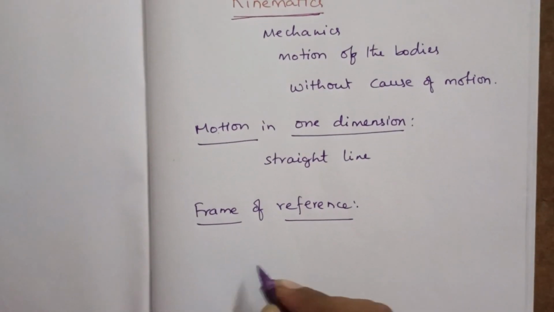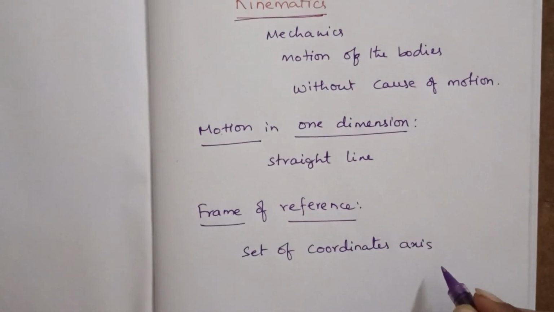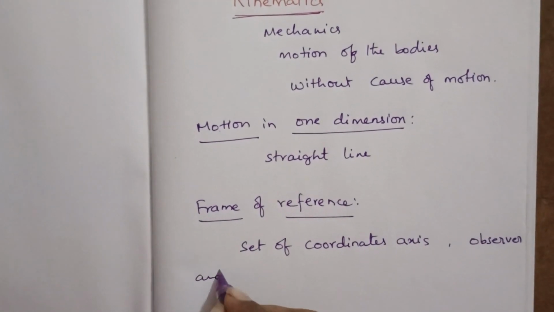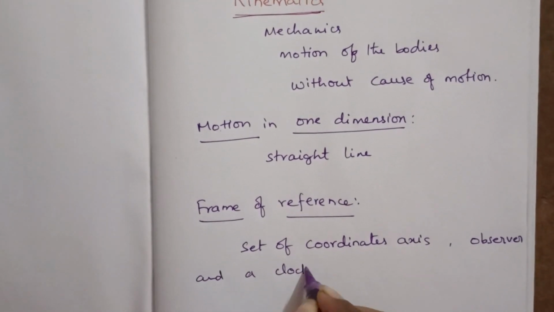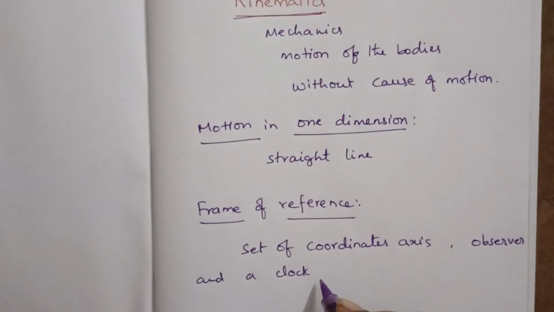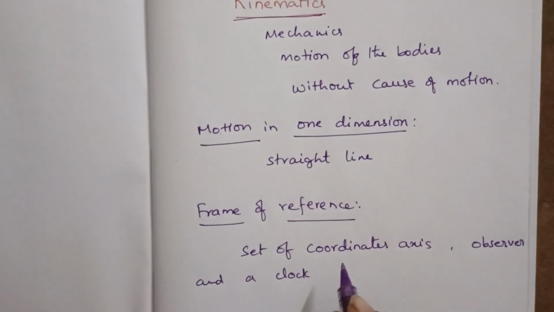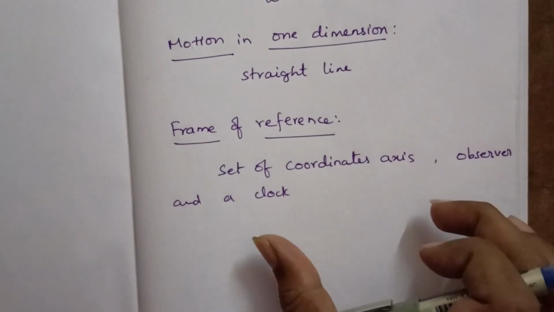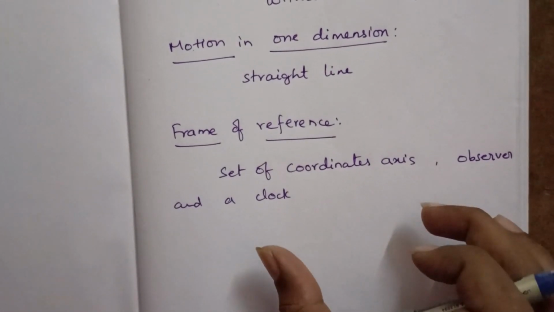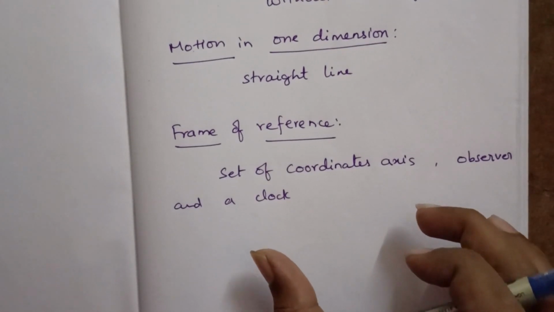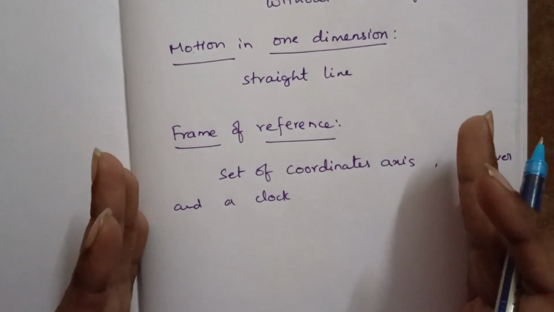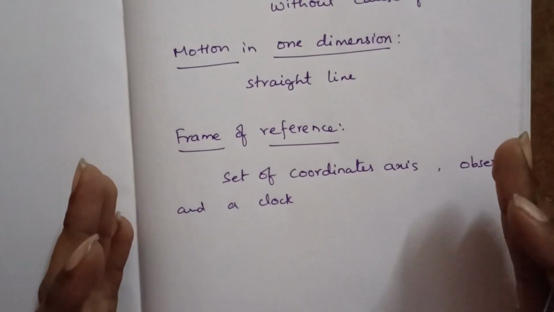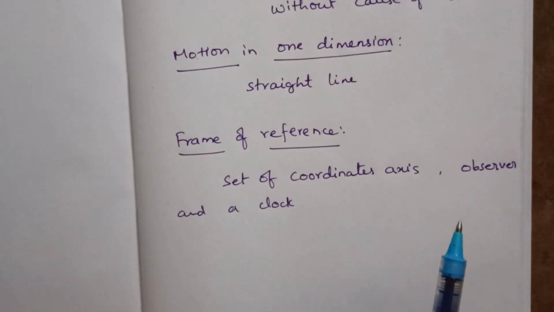A set of coordinate axes along with an observer and a clock is known as a frame of reference. This frame of reference is used to describe the motion. An observer should set a frame of reference relative to which motion is analyzed.